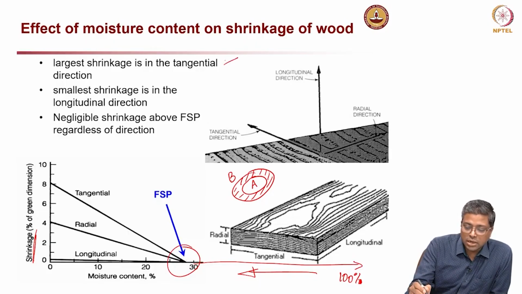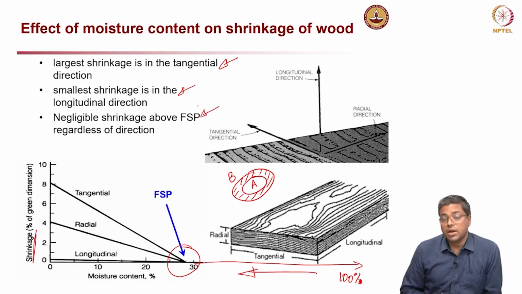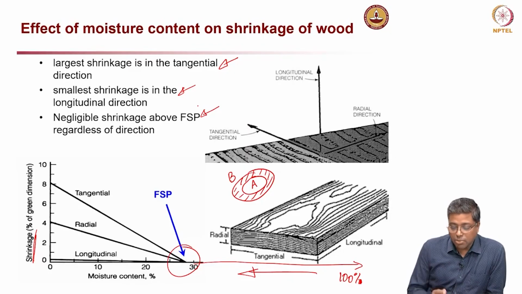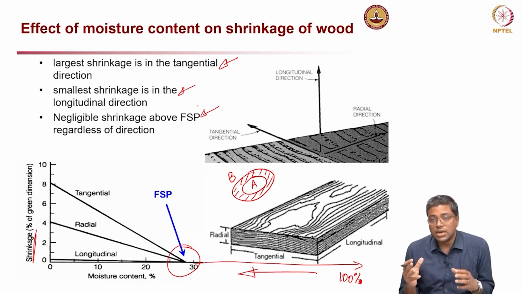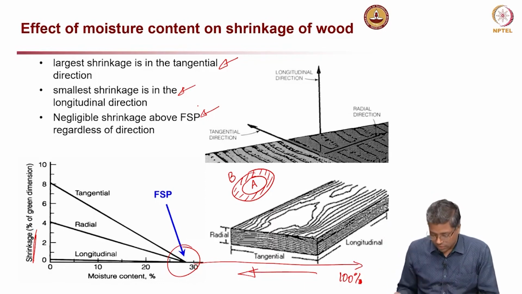So, the largest shrinkage happens in the tangential direction, and the smallest shrinkage in the longitudinal direction, as we discussed earlier, and there is negligible shrinkage above FSP regardless of the direction. Above FSP, there is no shrinkage happening, because it is just water from the cavities being evaporated.